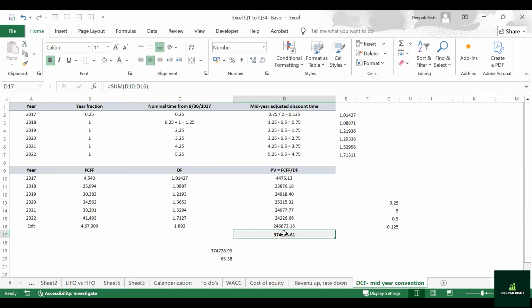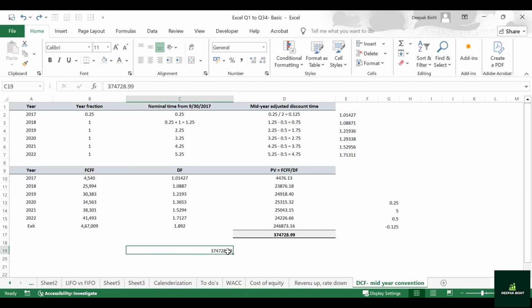It reflects the opportunity cost of the cash outflow, discounted to today, which is why it will be subtracted from the present value of the enterprise value by $65.38, taking reference of this example.